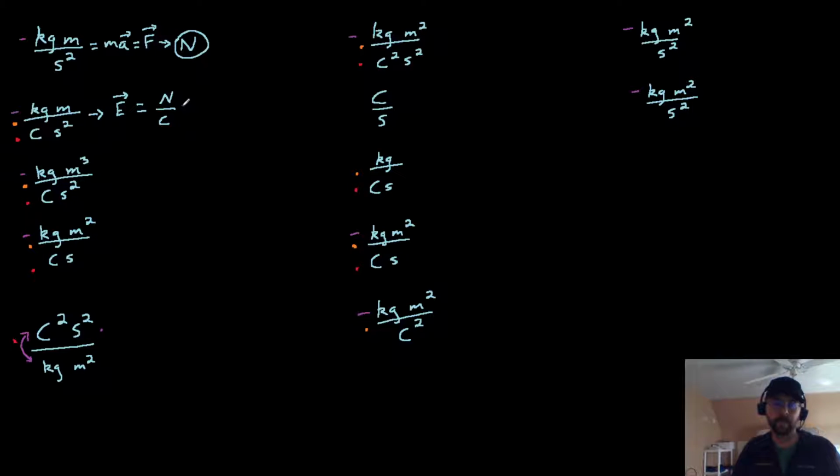The other one that's not so apparent yet is, I think, volts per meter. Let me actually check that. Some of these I'm not as certain on. I'm pretty sure that's correct.